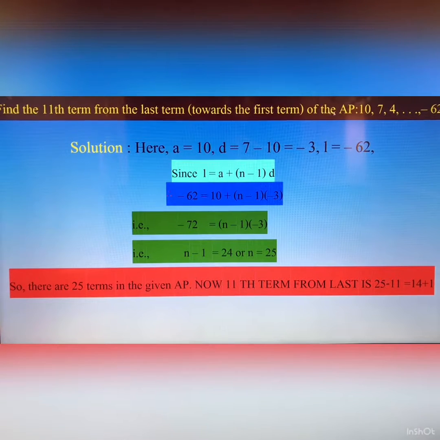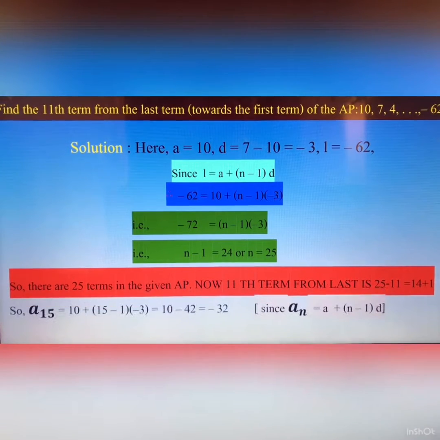The 15th term from the starting is the 11th term from the last. So we will find the 15th term, not the 11th term.